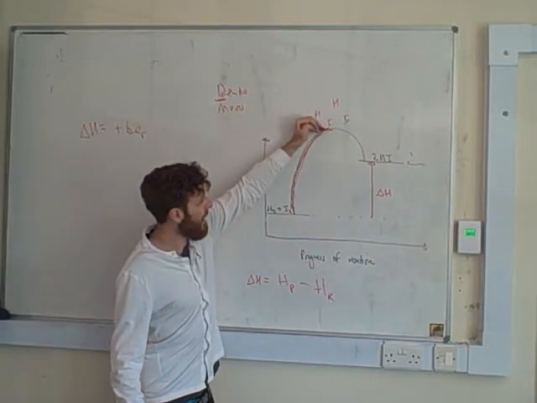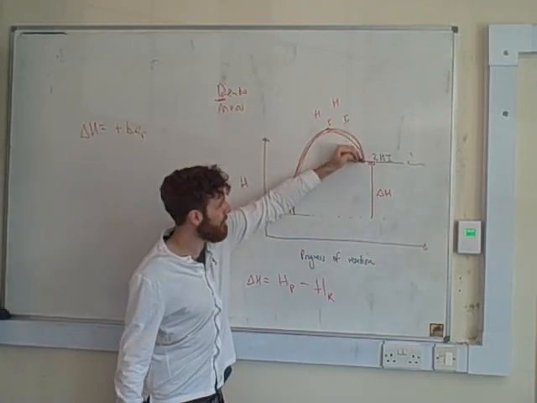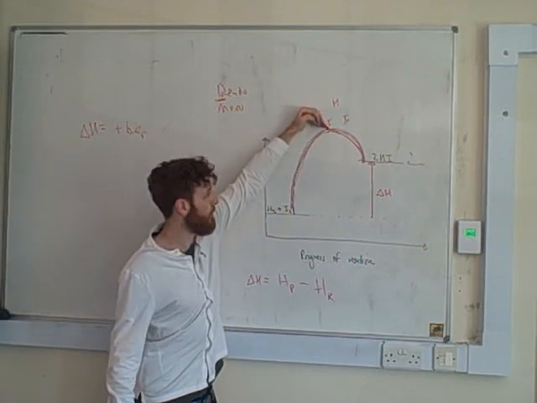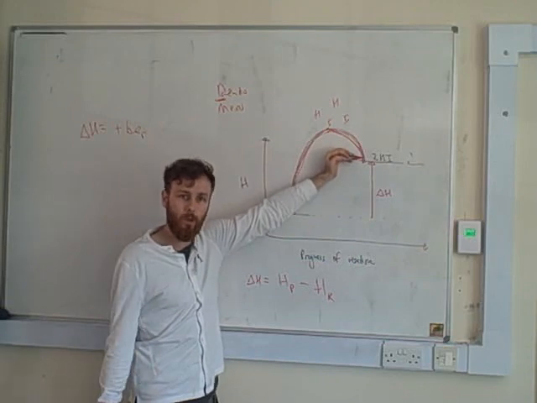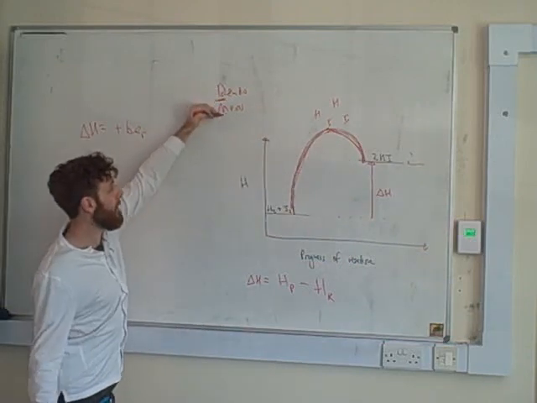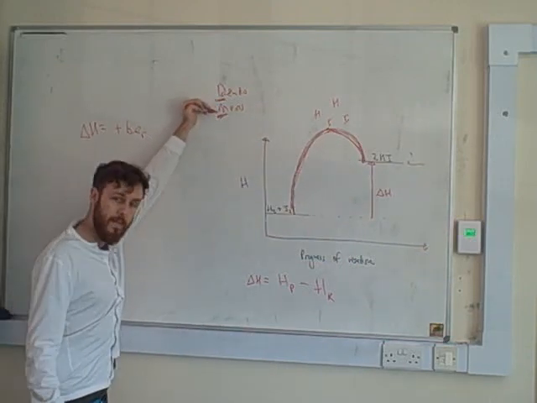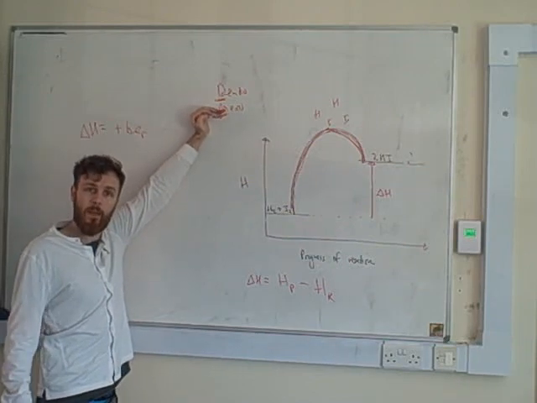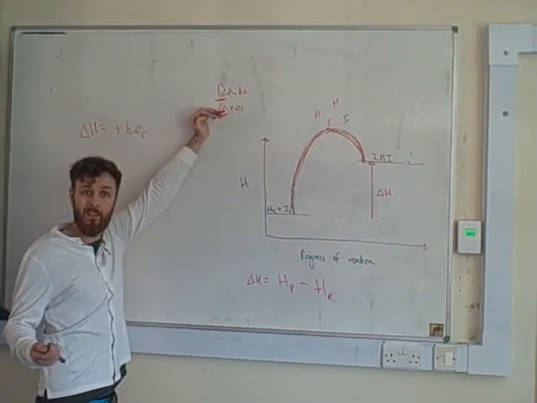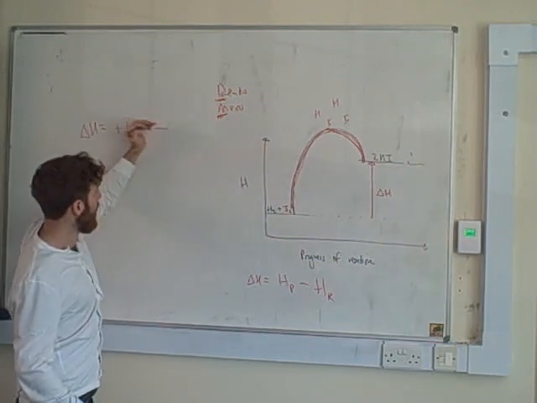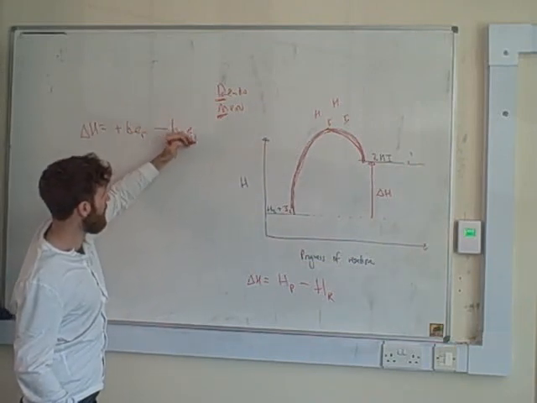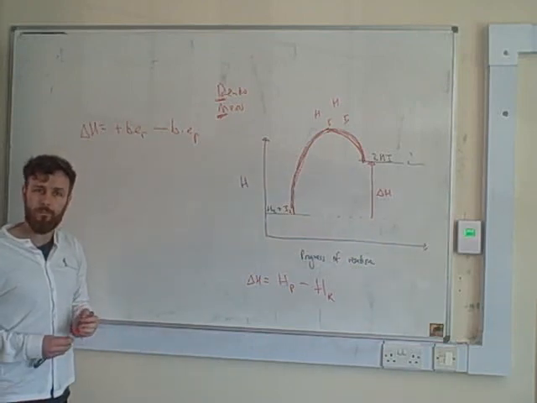We then need to get from here to our products. Well, what do we need to do to get from the top to the products? We need to make the bonds in the products. Again, good friend bendo, mexo, making bonds is exothermic, and think about the sign for an exothermic reaction. It's negative, so we're going to then subtract the bond enthalpies of our products.